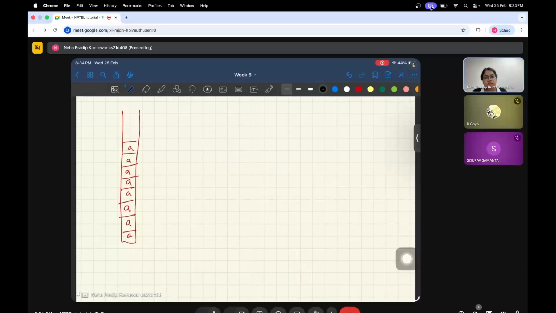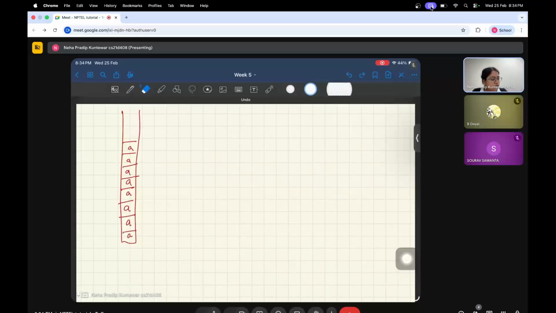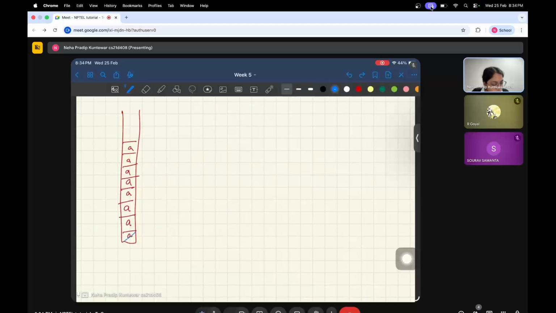Then what you will do is pop 2, push 1, pop 2, push 1, pop 2, push 1, pop 2 and push 1. Now you are left with exactly 4 a's.